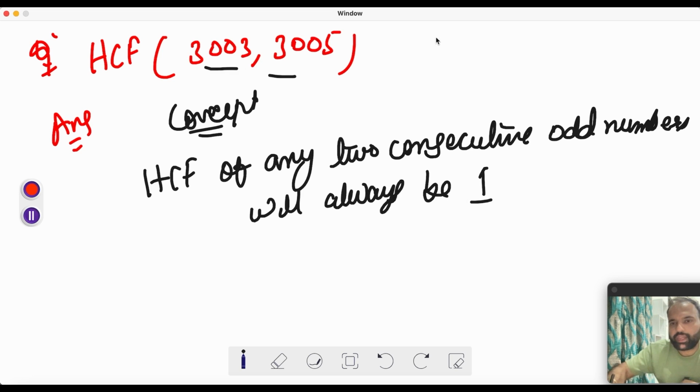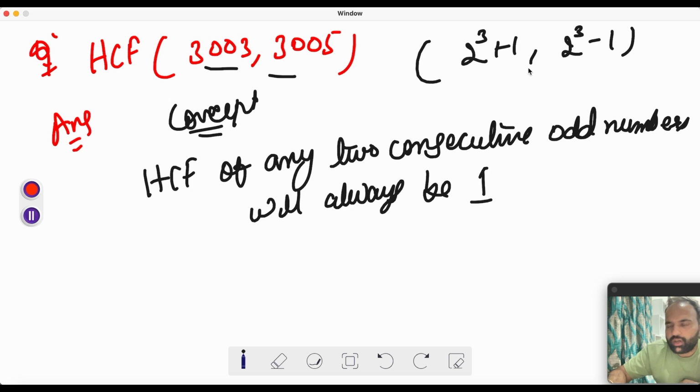Again, it could be in any format. It could be 2 cube plus 1 and 2 cube minus 1. I'm assuming the B minus A format as well. So these two are a set of two consecutive odd numbers. So for any two consecutive odd numbers, it will always be 1. So this is a concept.